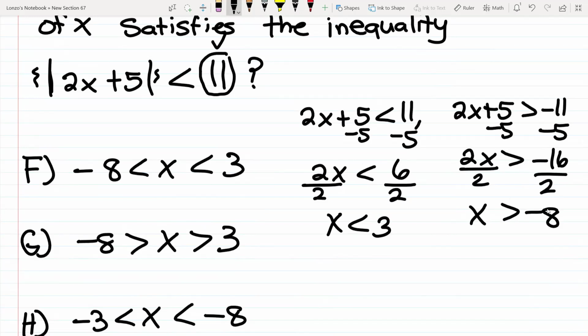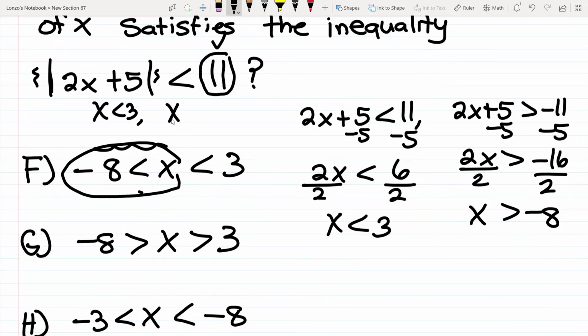So you have to understand that this right here, for example, if you look at letter F, this is always backwards. So if it's anywhere like this, you just have to remember this is always backwards. So right here, this is the same thing as x is less than 3, and then this is backwards. It looks backwards, right? It's really, you would have to flip the sign.